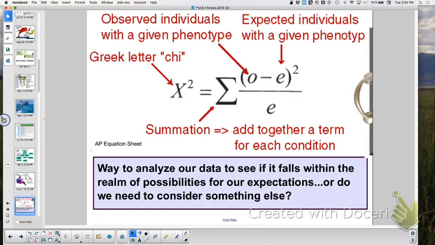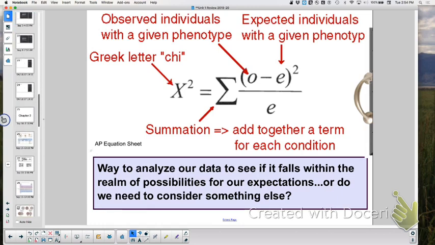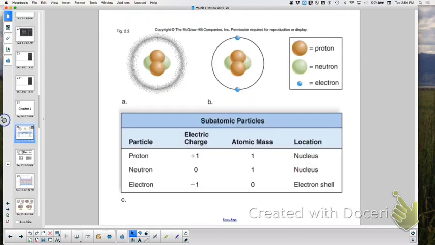We talked, and I'm going to hit this because we're going to hit it in our genetics unit, so I'm going to review the chi-square test with you with genetics data. Okay, so I'm going to put a pin in that because we're going to be reviewing that shortly. All right. Atoms, you already know this, right? Let's very quickly do the atom story. Atoms are made of, you're doing it slow, protons, neutrons, and electrons.